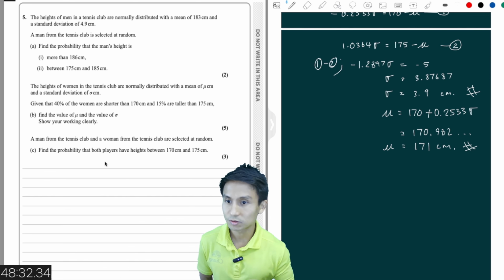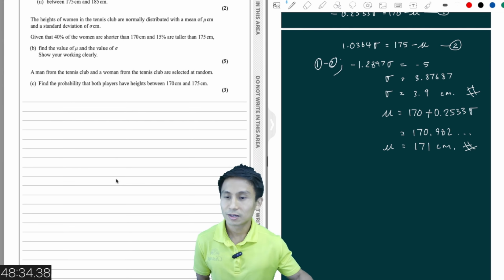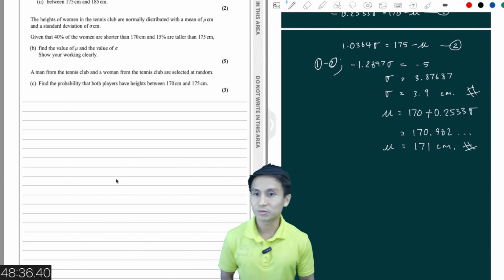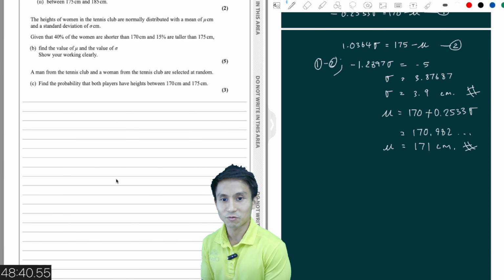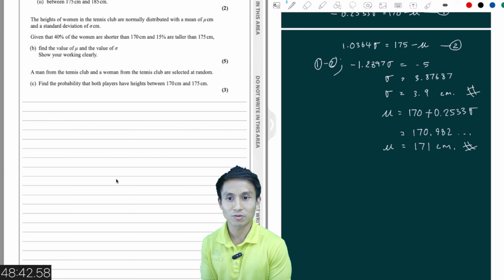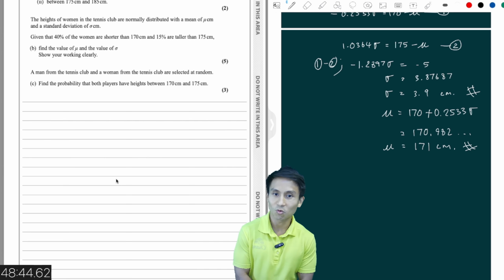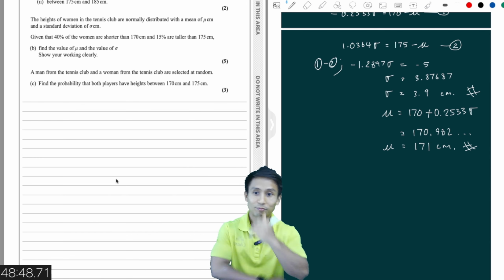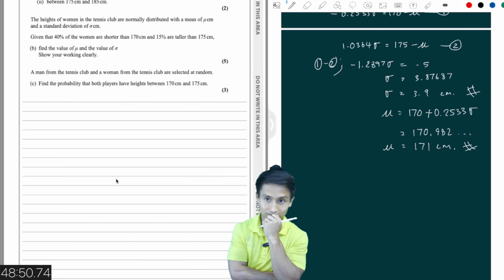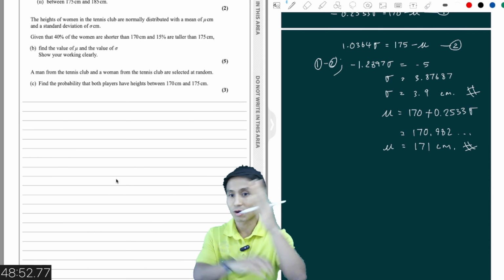The two numbers there. The last part, C: a man from the tennis club and a woman from the tennis club are selected at random. Find the probability that both players have heights between 170 centimeters and 175 centimeters. Both players, huh? Okay, so this is compound probability.